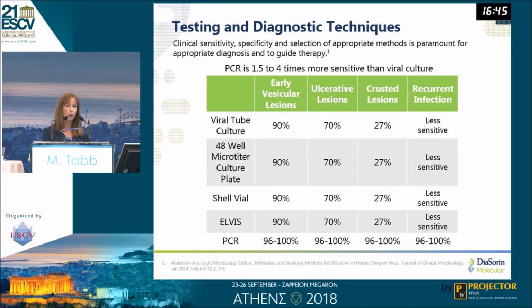Really quite poor sensitivity in comparison to PCR techniques. And of course, not just for cutaneous and mucocutaneous swabs, but also definitely the gold standard for detection of this virus in aseptic meningitis is testing by PCR.